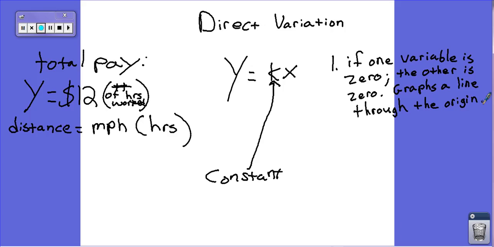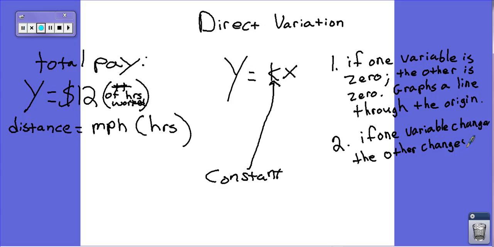The second characteristic is if one variable changes, the other changes in a constant way. And again, it graphs a line, because we are able to graph direct variations quite easily.